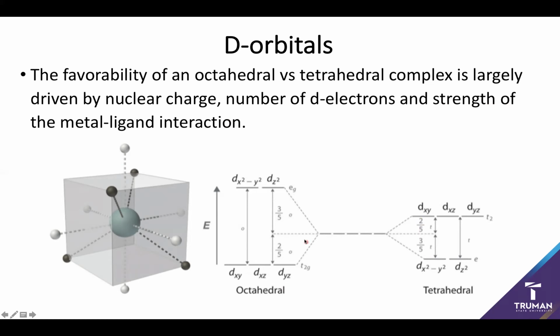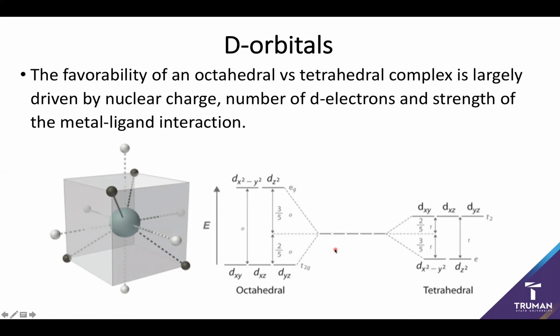It is worth noting, field splitting parameters tend to be much larger for octahedral complexes than for tetrahedral, because they're more pointed directly towards the metals instead of essentially off center. And this does indeed make a difference when trying to compare the orbital energies.